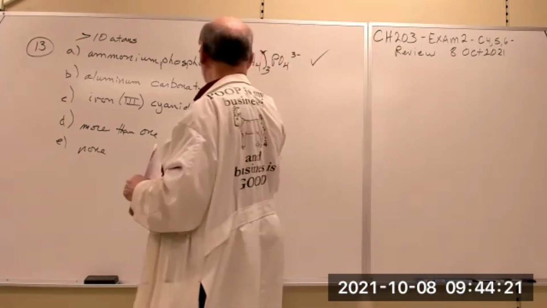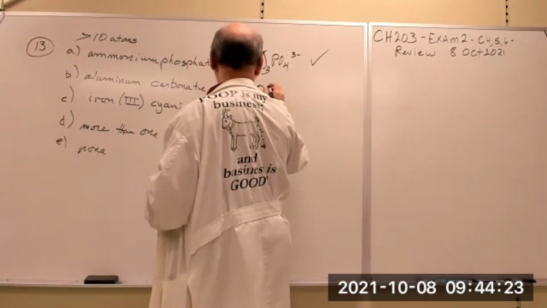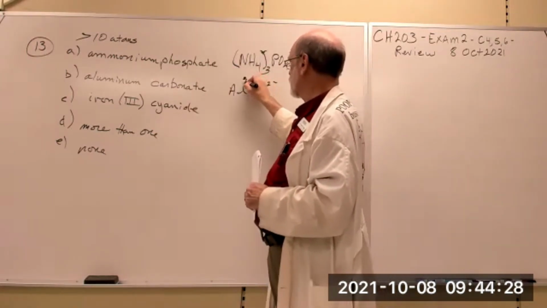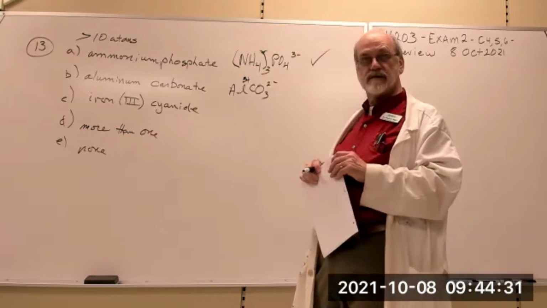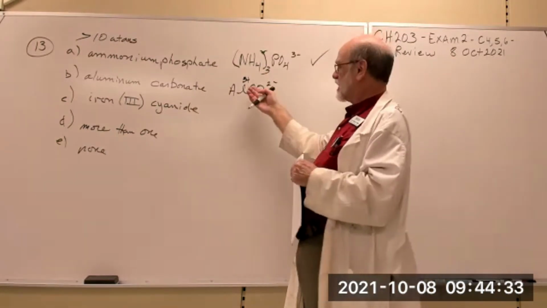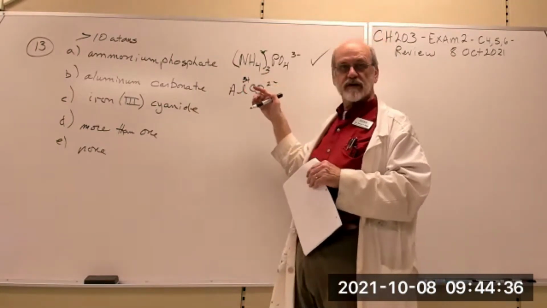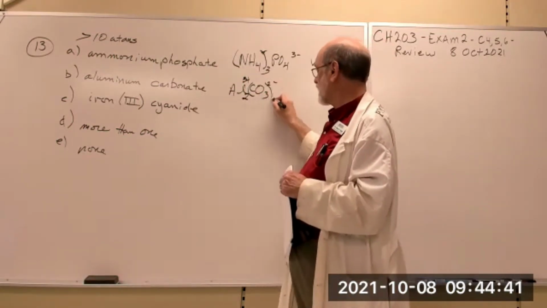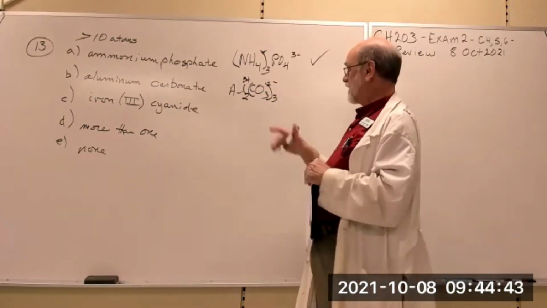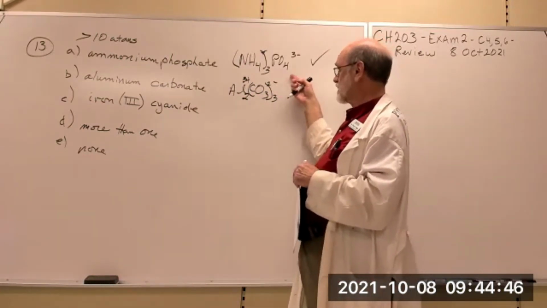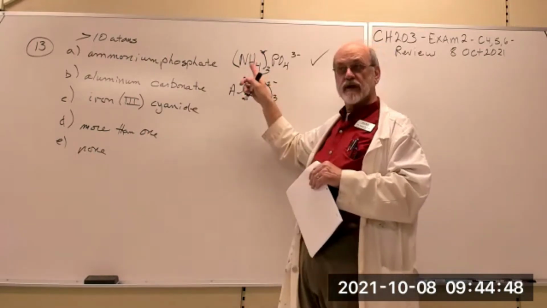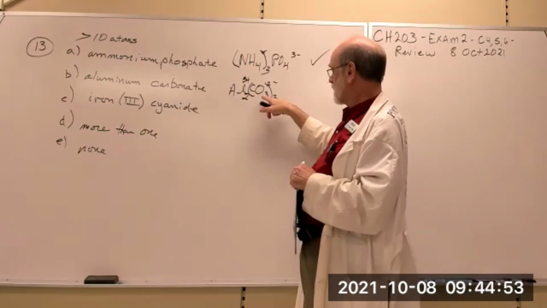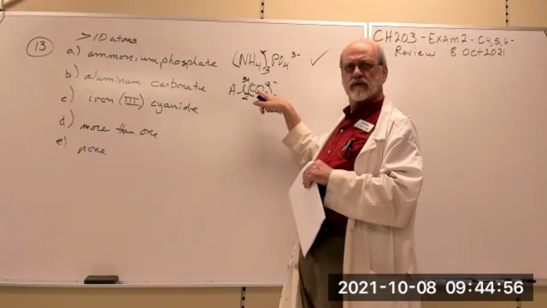How about this one? Aluminum carbonate. Carbonate is 2-, aluminum is 3+. When you have a situation like that, the best thing to do is cross multiply. Take the 2 over here, take the 3 over there. And you check yourself: 3 times 2- is 6-, 2 times 3+ is 6+. So we're balanced. Now we have 3 times, how many do we have in here? 4. 3 times 4 is 12.